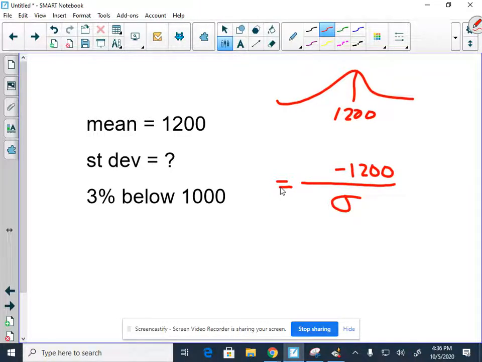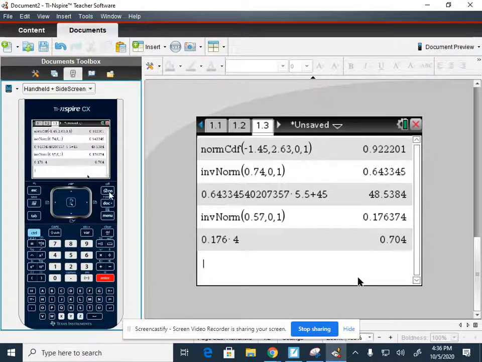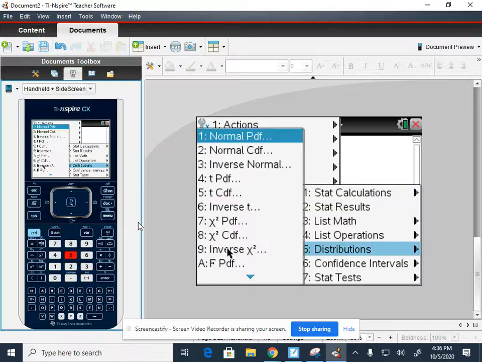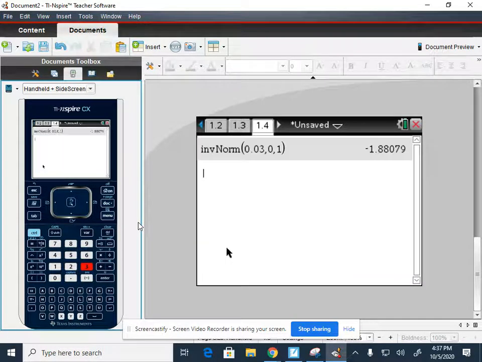So this time I don't know sigma. It says 3% is below 1,000. So I have to figure out what that z-score is with 3% to the left. Again, inverse norm only does the area to the left. So I get negative 1.88.